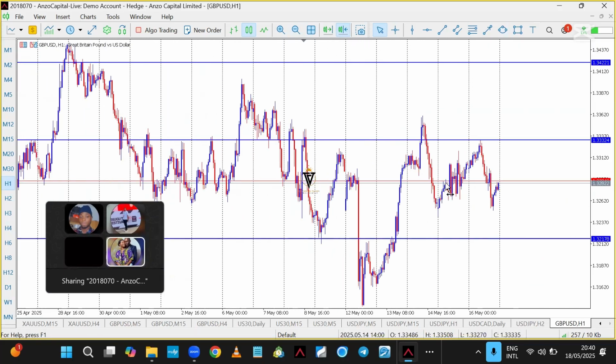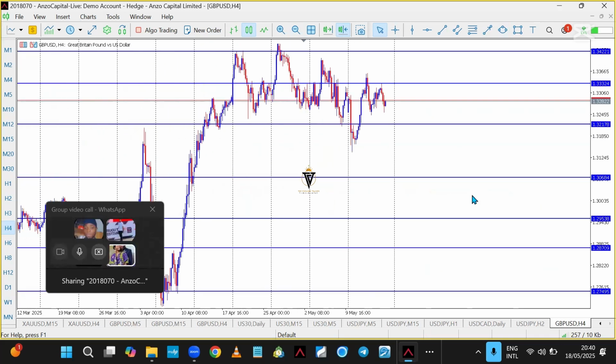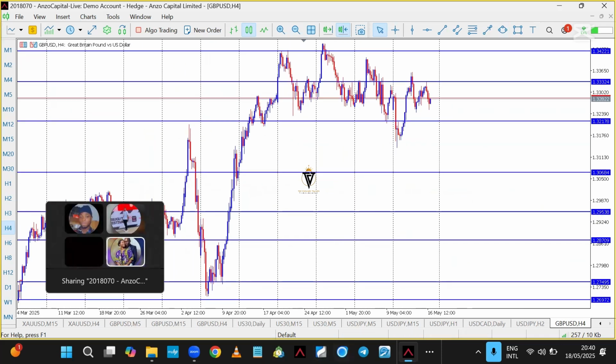For GU, its current market bias, if you look at it closely, it formed a pattern. So I'm expecting this. Are you seeing that? This is what I'm expecting on GU.